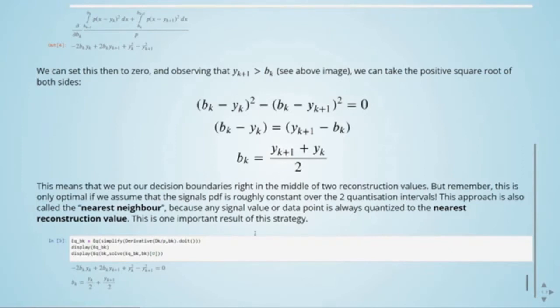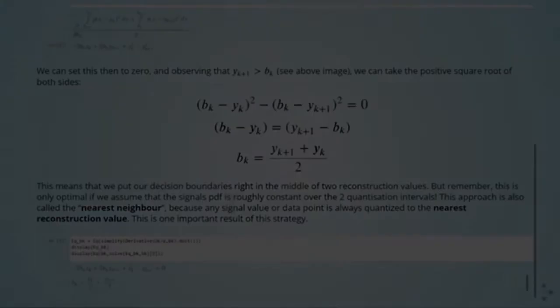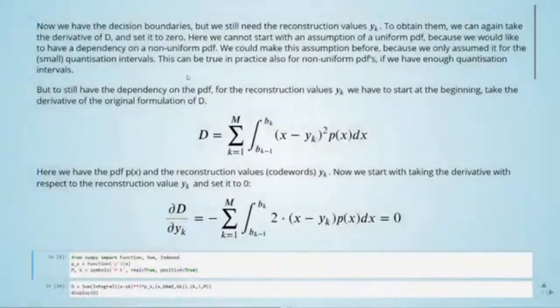So we have exactly the same thing: this is the decision boundary b of k and the reconstruction values y of k. So we calculated the decision boundaries b of k, but we still need the reconstruction values y of k.